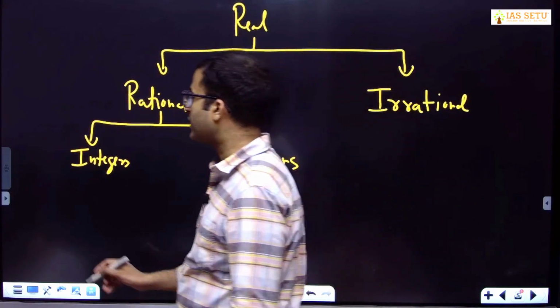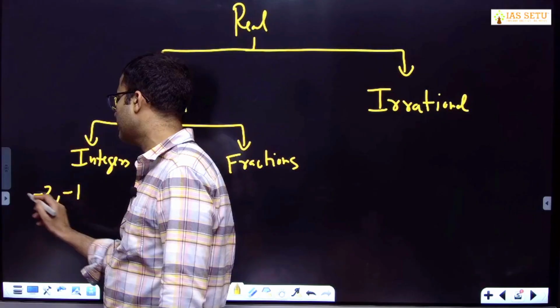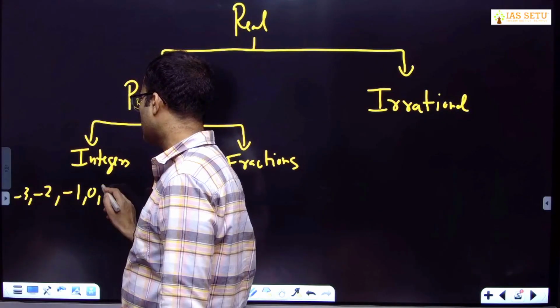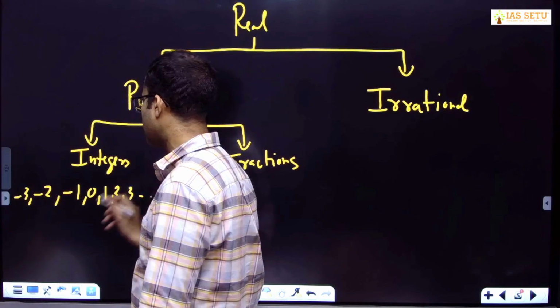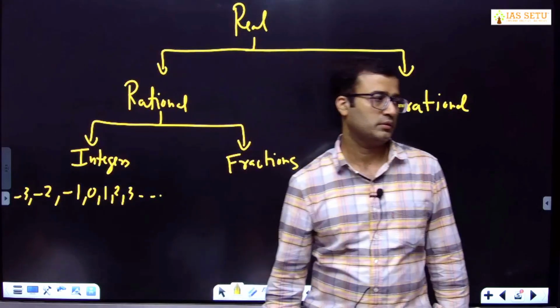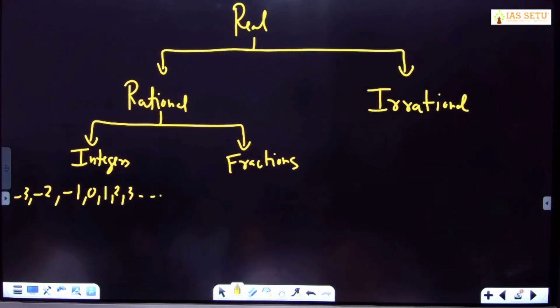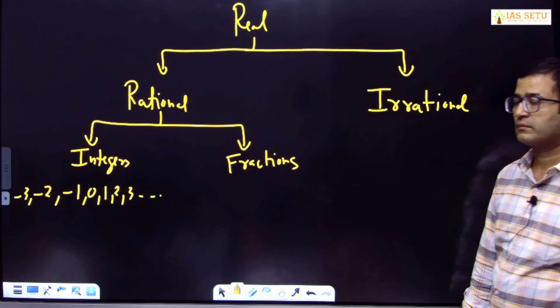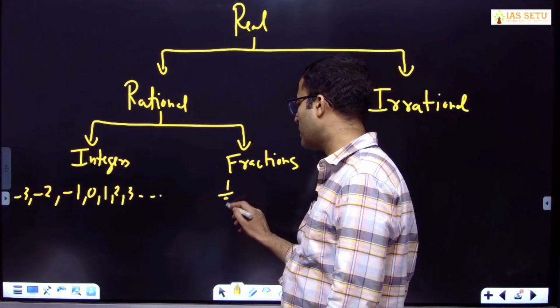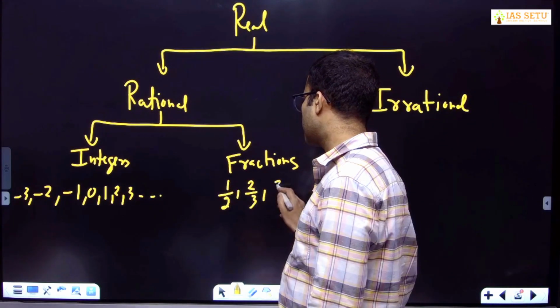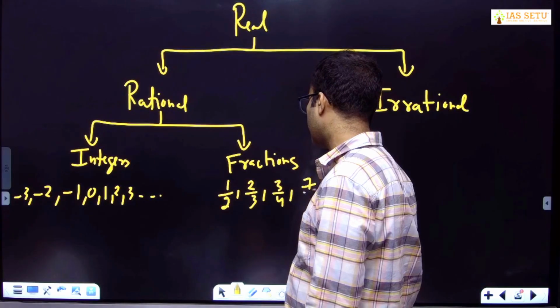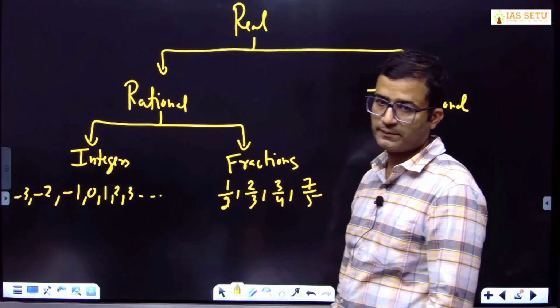Integers are like -1, -2, -3, 0, 1, 2, 3 and so on. These are integers. Fractions like 1 by 2, 2 by 3, 3 by 4, 7 by 5. So these are fractions.